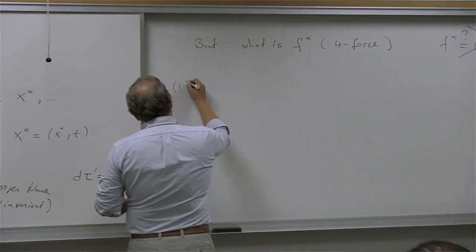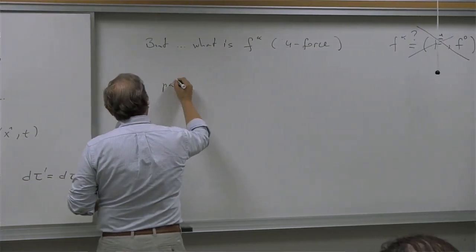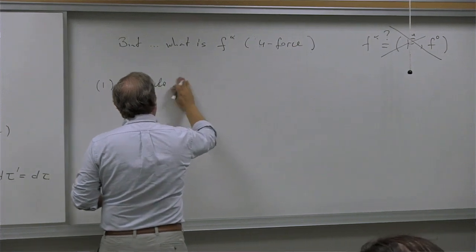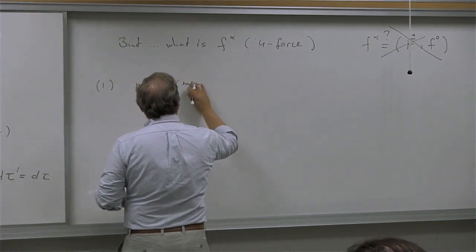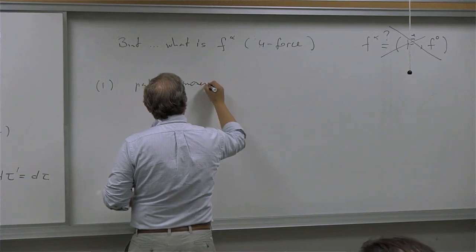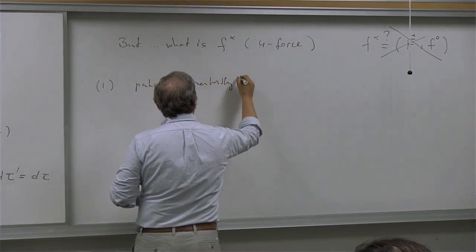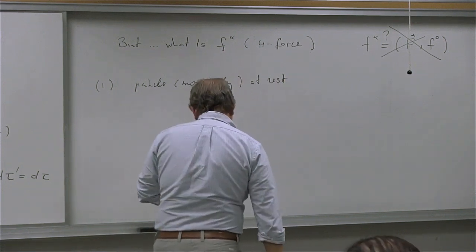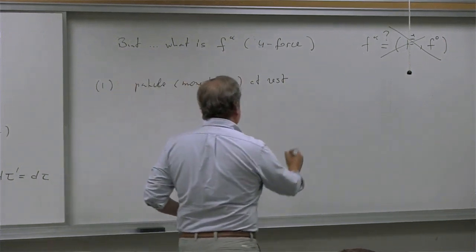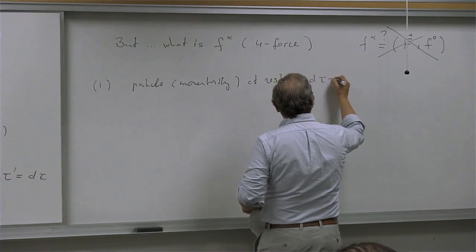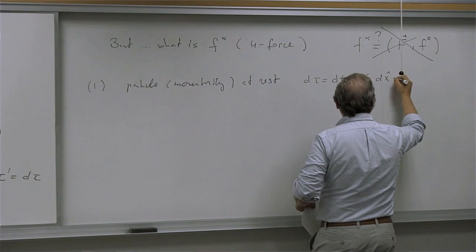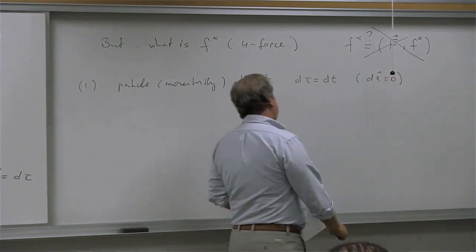so we're going to first consider a particle momentarily at rest. If the particle is at rest, then d tau is equal to dt. Why is that? Because, of course, dx is 0. There is no increment in space.